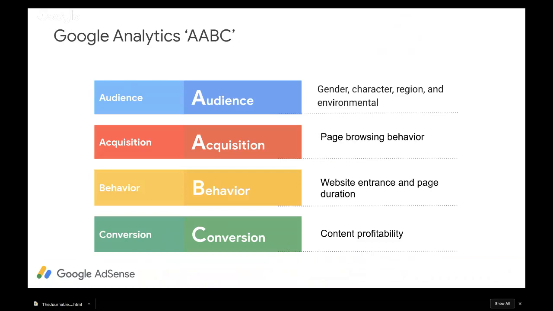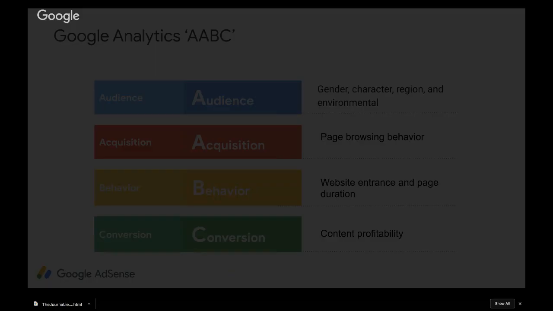Also conversions are important. If you insert the conversion tag on your web pages, you can see what kind of conversions people were doing on your website. And conversion doesn't necessarily mean a purchase. It might be a click on a button, or some action on your website that is very important for you to be trackable.